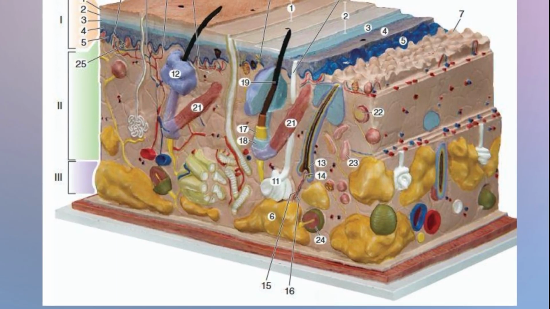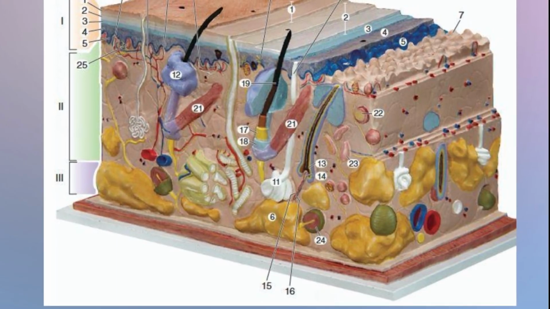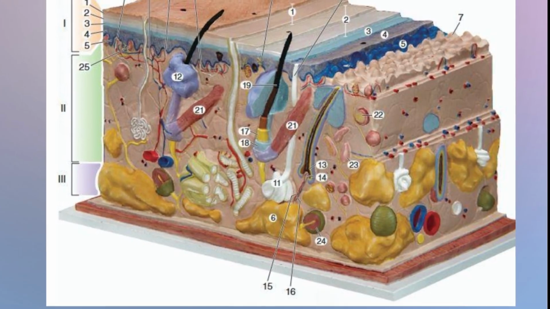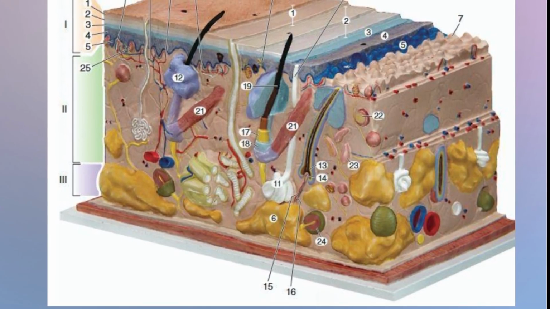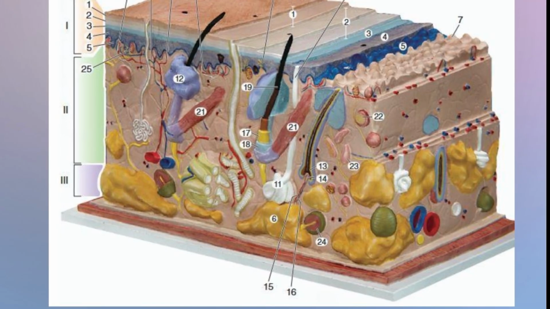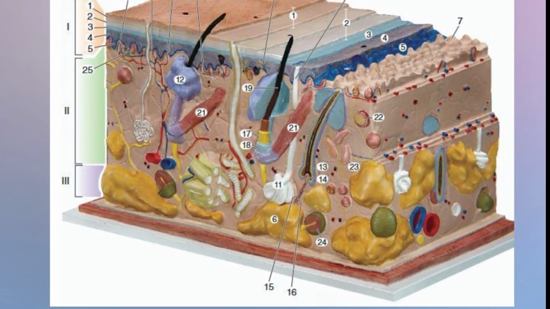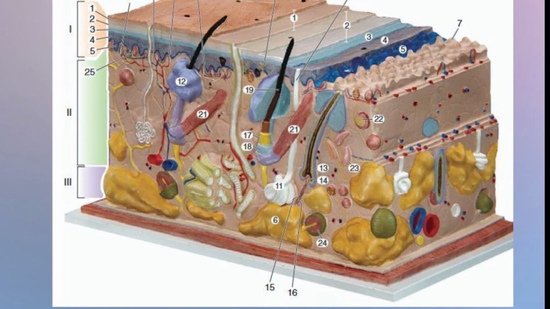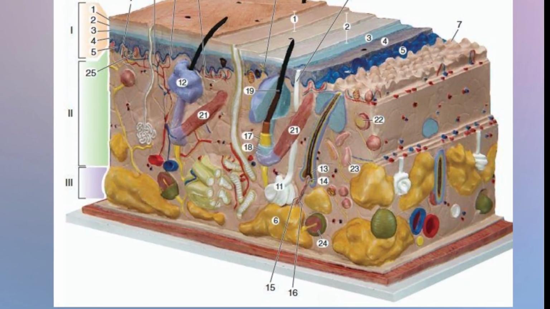Now, Merkel's disc is also going to detect touch and light touch. And then you have free nerve endings, which are going to be number 26. Merkel's disc, by the way, was 27. Free nerve endings are number 26, and so that's going to help you out with pain and temperature. And that makes sense that they are very close to the surface of the skin.